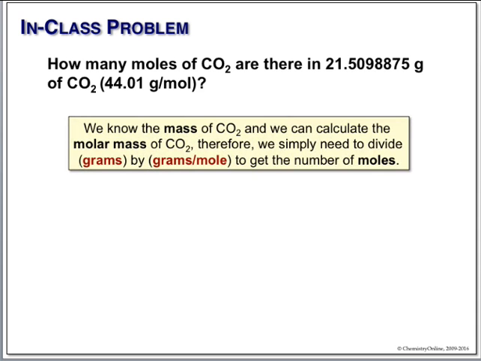We are given a mass of CO2, aren't we? We're also given that CO2 has a molar mass of 44 grams per mole. And again, that's a ratio. So we want to set this up. This is our given. Going to flip our ratio over so grams is in the denominator, and simply solve our problem.